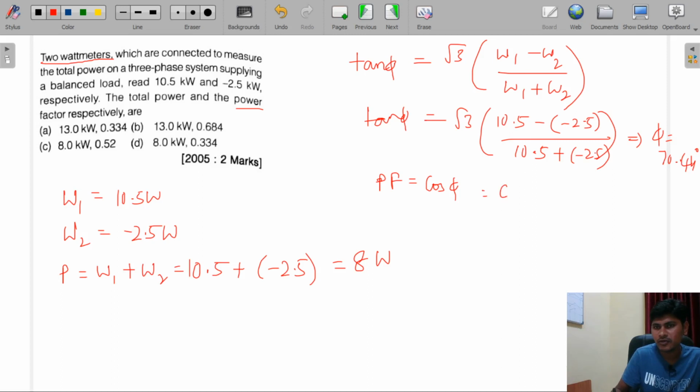Then cos of 70.44 degrees, you're going to get 0.334. So option D is the right answer. In this formula, this should be the higher reading, this should be the lower reading.